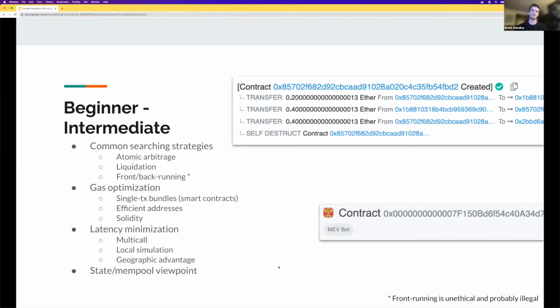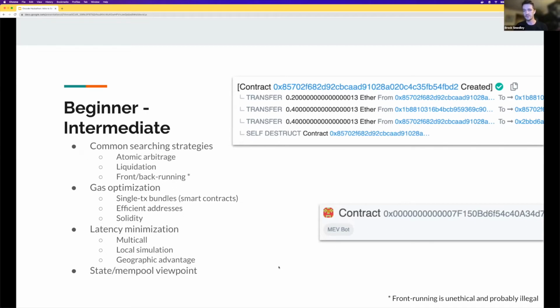I think there's probably a lot to talk about there, but I just thought I'd cover it and make you aware of it. Okay, so the last point is the state viewpoint, or mempool viewpoint. To understand this, we have to recap how the mempool works. When you have a node running locally and you're viewing the mempool, the mempool view that you get is only populated by the peers that you're connected with, and this happens through the gossip network.